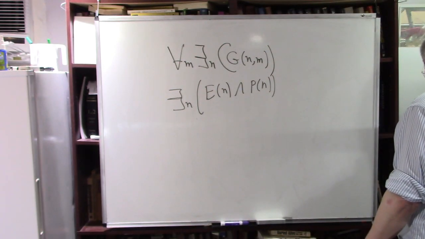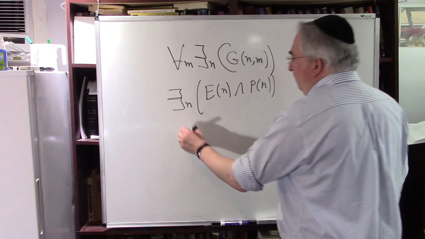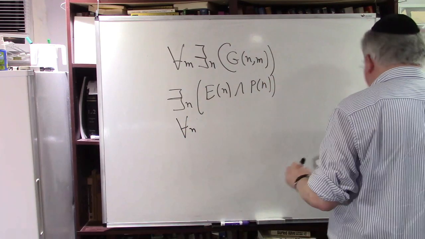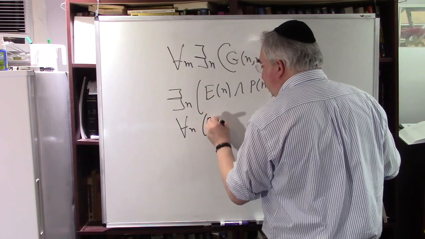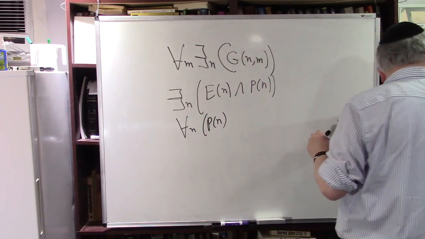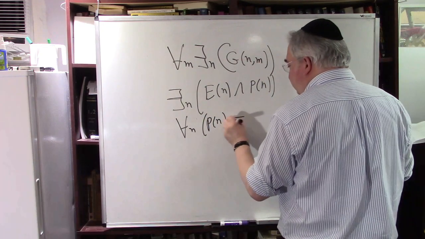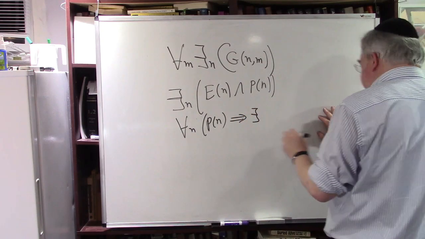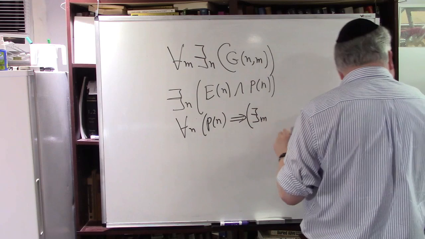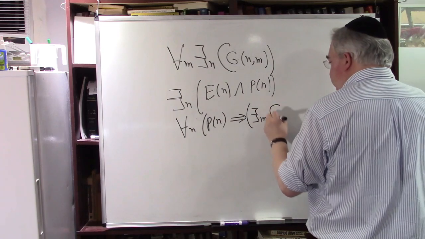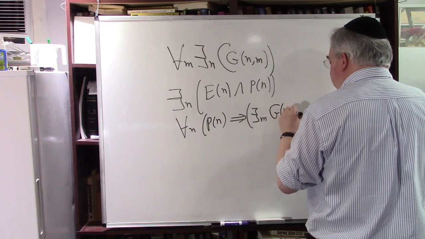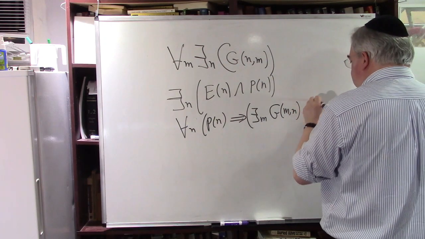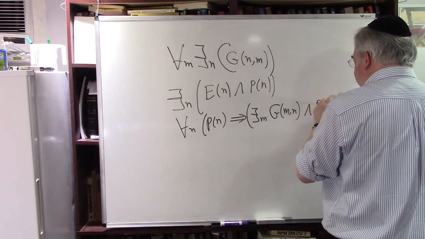Let's do another one. For all n, P of n implies there exists, lots of parentheses here, an m such that G of m comma n and P of m.